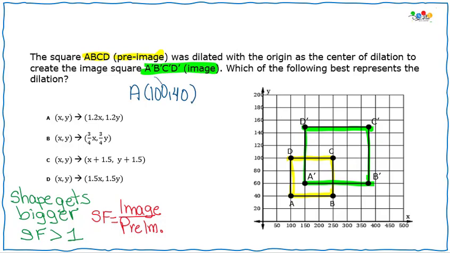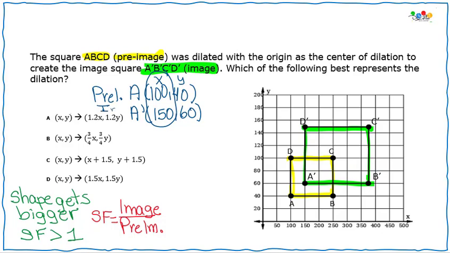Now remember, this is your X and this is your Y value. What about A prime? Do I know the value for A prime, the coordinates? It's going to be 150 and 60. Very good. So now I want to compare the X's. I'm going to circle this, right? And you have to remember who's the image, who's the pre-image, right? The first one is what I call my pre-image.